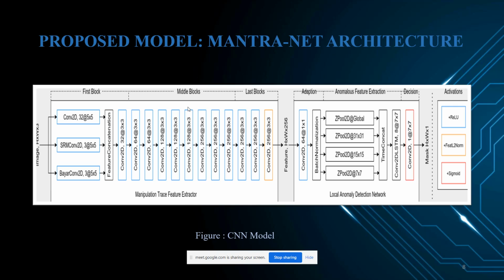For the manipulation trace feature vector, the VGG network architecture was chosen as the base network architecture with a default ReLU activation. For the manipulation trace feature, in the first block, the base network was modified to be wider, using a larger number of convolution filters, as well as deeper, using more convolution blocks, along with the use of SRM Conv2D, Bayer Conv2D, and the classical Conv2D in the first block. Softmax activation was used to account for multi-class classification of the forgeries.